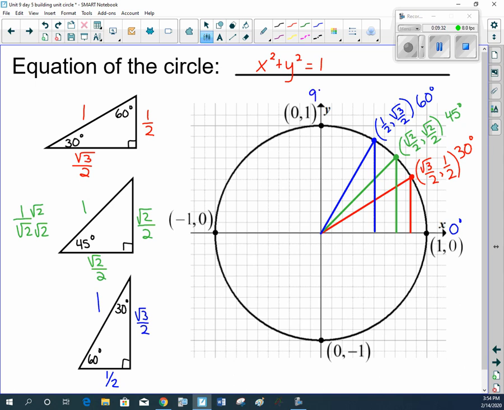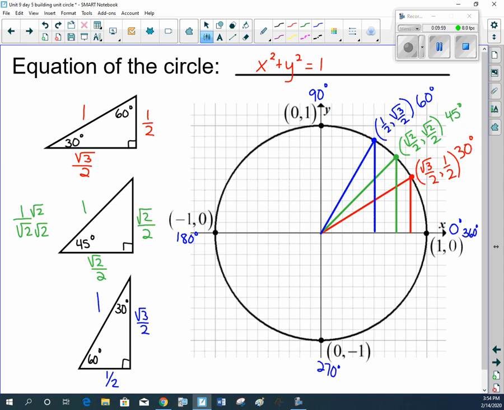Then the next intercept is at 90 degrees. So then I feel like the next one I want to do is 120 degrees, 150 degrees. Then we'd be over here at 180 degrees. Keep going, 210, and then 240, and then 270. We'd be down here at this intercept. 300, 330, and then we'd be all the way around again at 360.